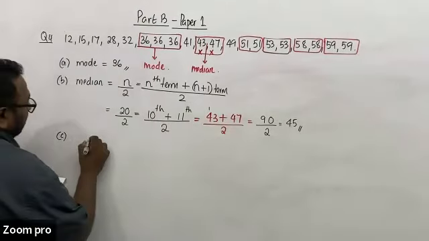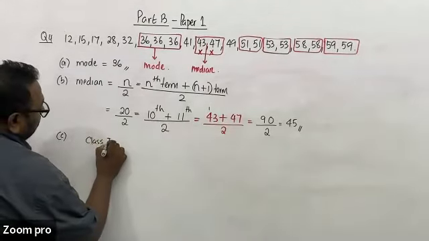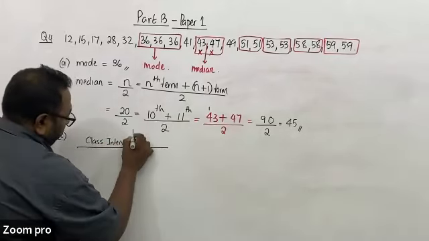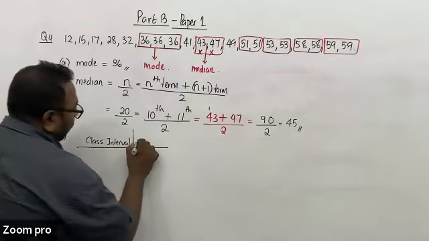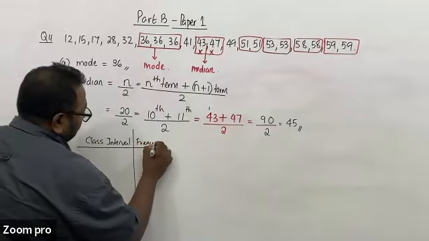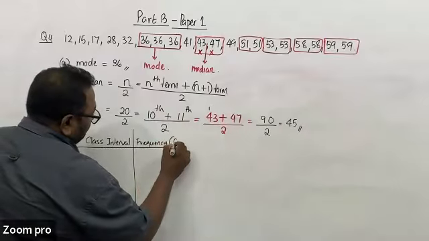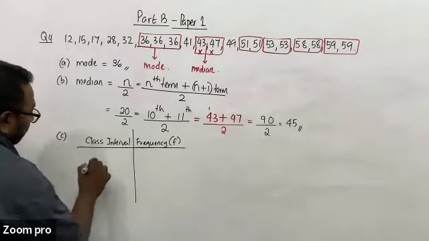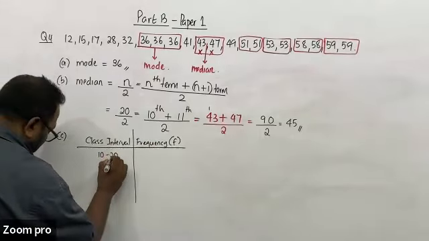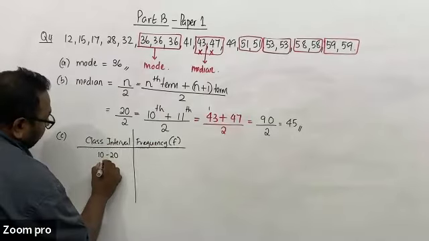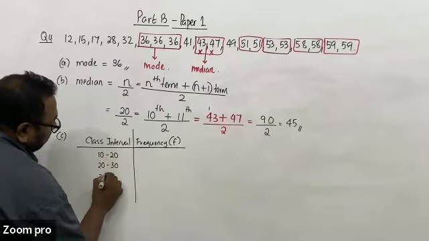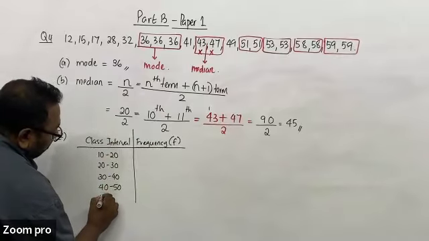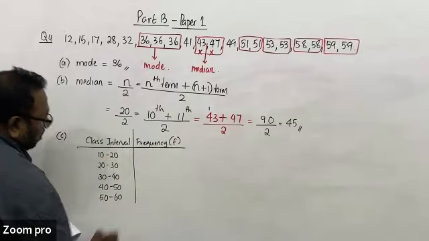So you have class interval and frequency, in short F. You have 10 to 20, 20 to 30, 30 to 40, 40 to 50, 50 to 60.